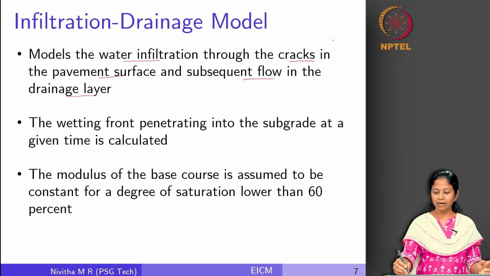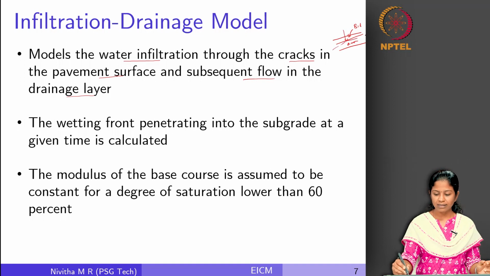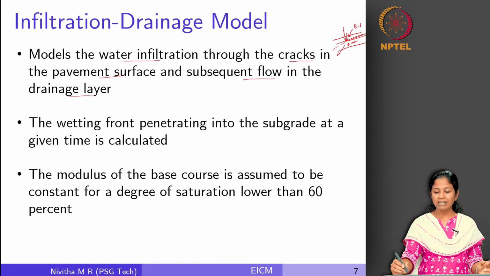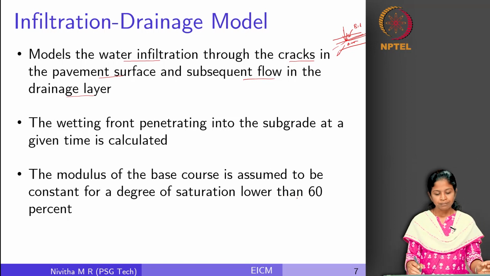So, how much of water, let us say if this is my pavement system, this is my bituminous courses and this is my granular layers. So, water enters inside, it is drained off here, right, before it reaches the granular layer. So, how much water precipitates inside, how much is the drainage capacity of these layers. So, both of it is calculated from this model.